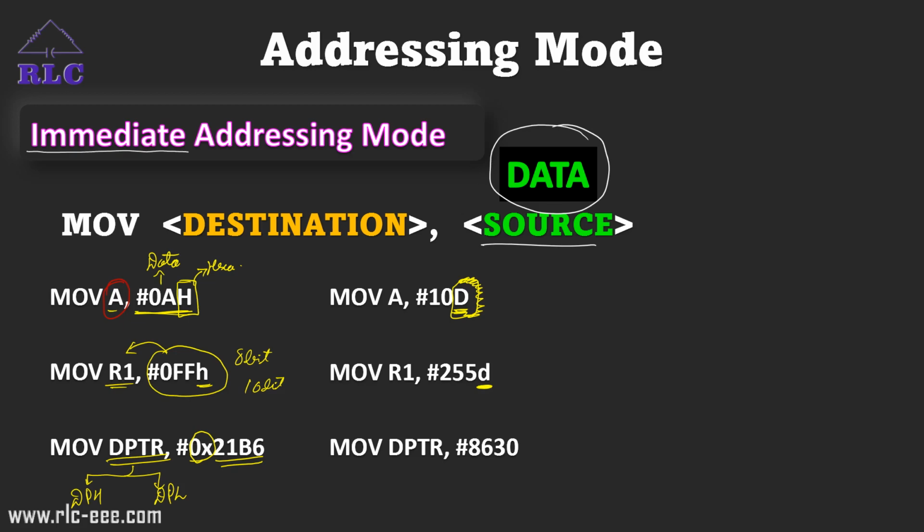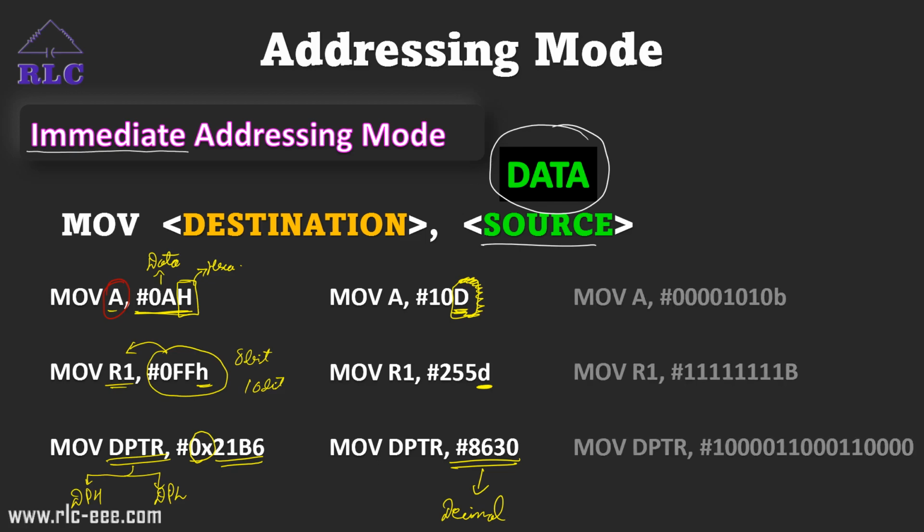And if we are not mentioning anything, whether it is h, small h, 0x, d or small d, that number will be considered a decimal number. One more note: we can pass binary data also, indicating it with B. So here we can see this is B, this is B.